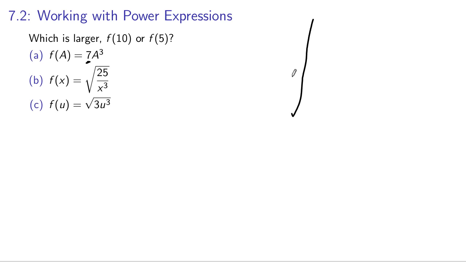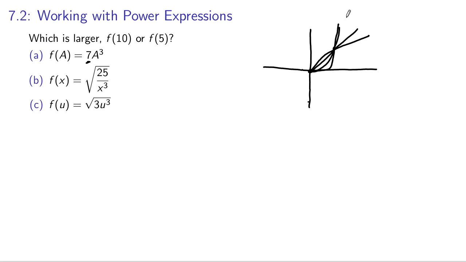If you remember back to the graphs in the previous section, we had, when the power was bigger from 0 to 1, first when the power was 1, when the power was 2, we got this shape. The power was 3, we got this shape. When the power was 1/2, we got this shape. When the power was negative, we got this shape. When the power was 0, we got this shape.